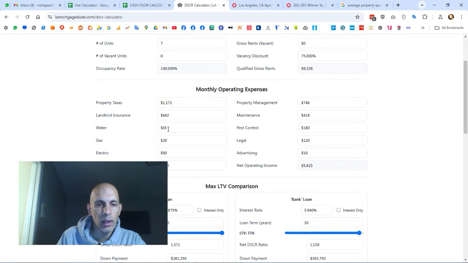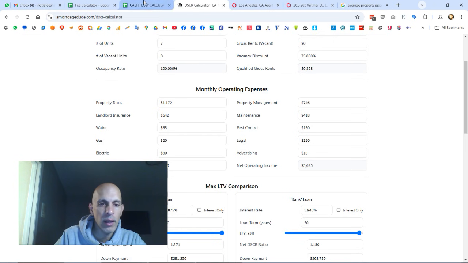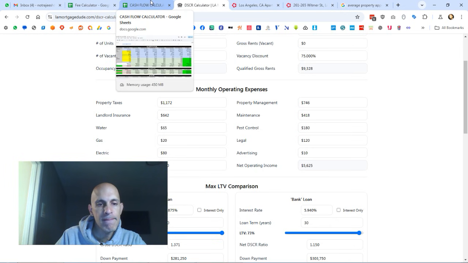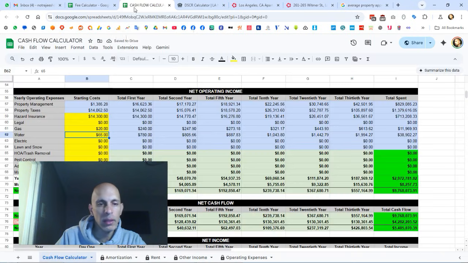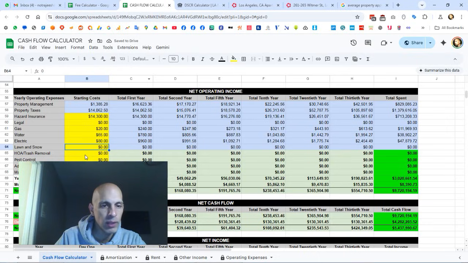So we're looking at $65 a month on water. Looking at gas at $20 a month. Electric is $80. Trash is $250. That might actually go up.